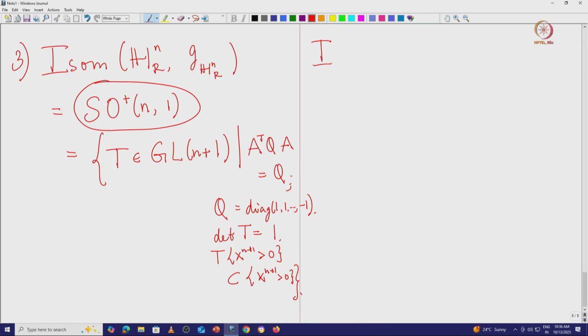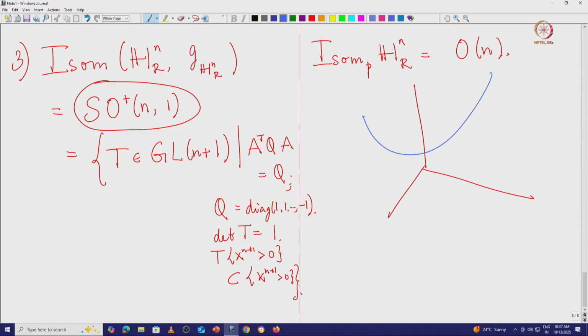And now if you again take the isotropy group, it again turns out to be O(n). I'll just explain with this picture. You have the hyperboloid here. Let's say I want to calculate the isotropy group of this pole.